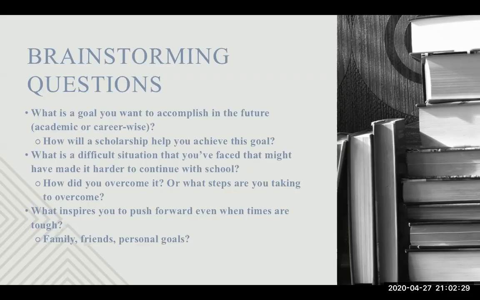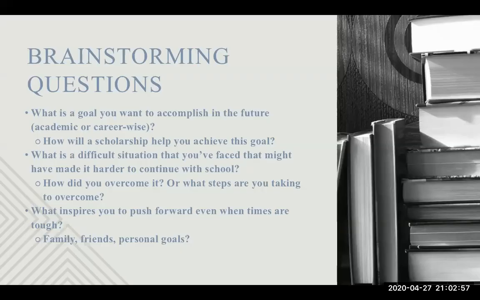And I always say, for these types of questions, try to have a sort of lesson that you've learned. For example, if you're writing about how maybe your first semester wasn't that great, you had a hard time transitioning from high school to college, what is the lesson that you learned? And how are you applying that to future semesters?